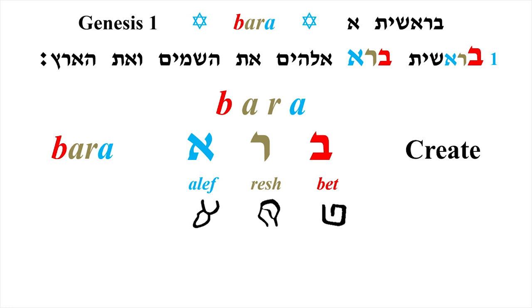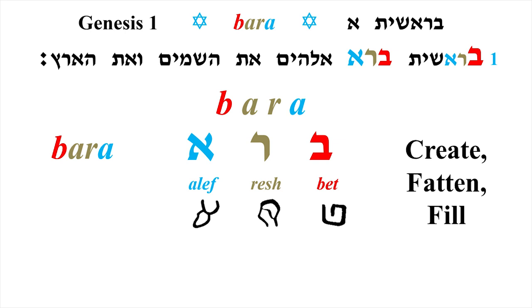Okay, it's a Bet, Resh, Aleph. It means to create. It means to fatten. We see this word show up in the Joseph story when Pharaoh has a dream and the skinny cows ate the fat cows. Okay, there's the bara in there for the fattened cows. So it's create, fatten, or fill.